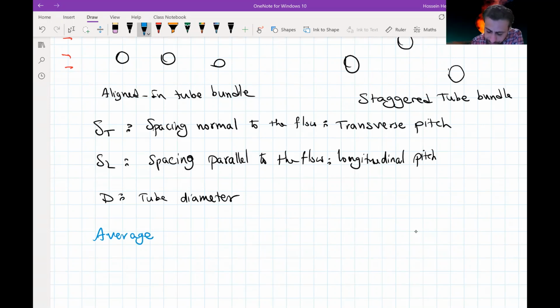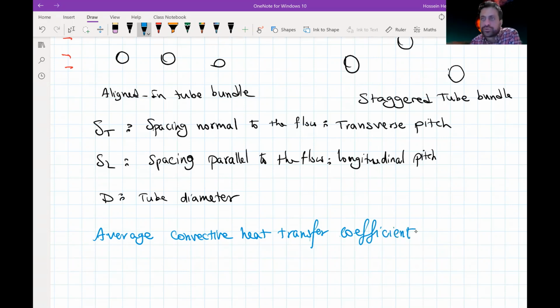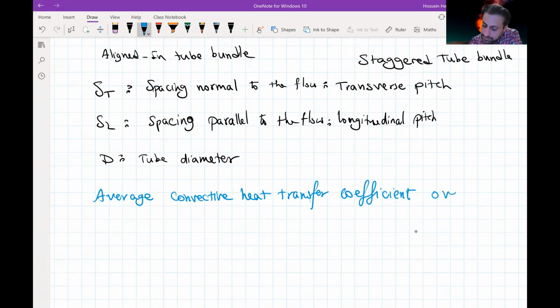The average coefficient over the entire bundle.